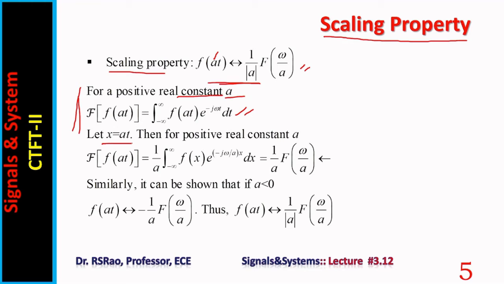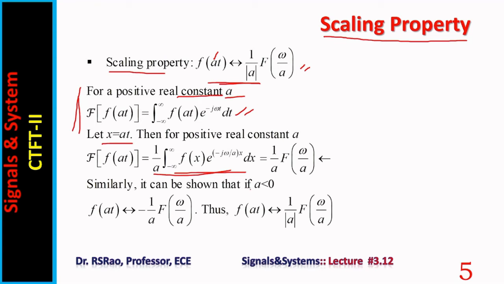Let x equal at. Then the Fourier transform of f of at becomes 1 by a, the integral from minus infinity to plus infinity of f of x e power minus j omega by a x dx. Of course, this can be identified as 1 by a F of omega by a.